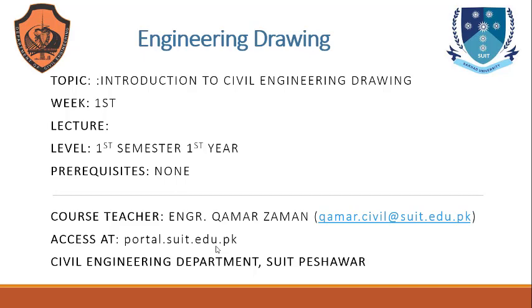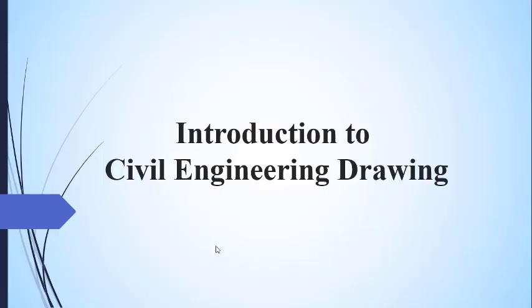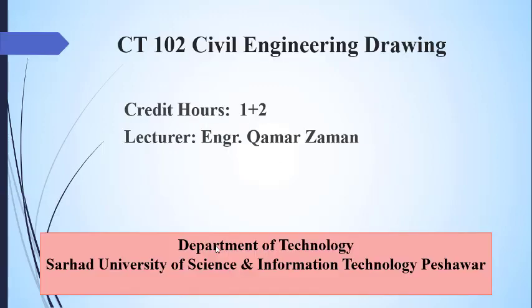Coming towards the introduction to civil engineering drawing, let's see the objectives and course outlines of this subject, that what we will see in this engineering drawing subject. First of all, I want to show you what is the code for civil engineering drawing. This is CT102.